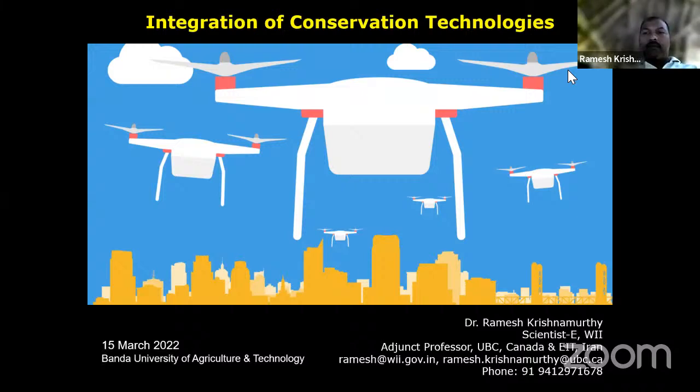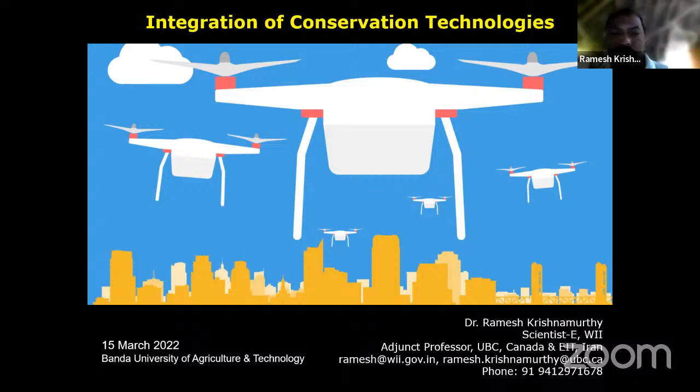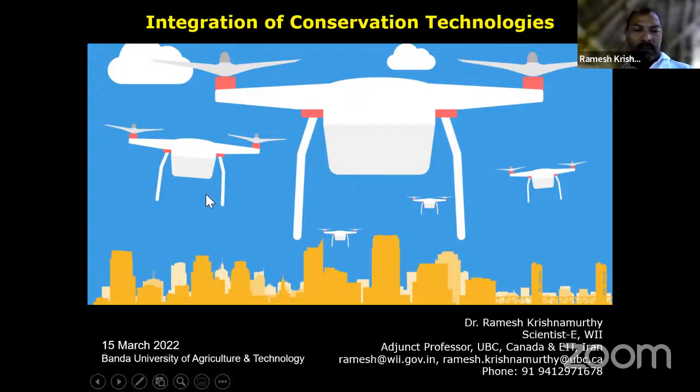Okay. So following on more of a conceptual governance issue, now about the technology, which is basically the tools for the management. That's what is very important for us to understand. So I just put all the technology that we are doing in forest management or wildlife management under the larger category of conservation technologies.